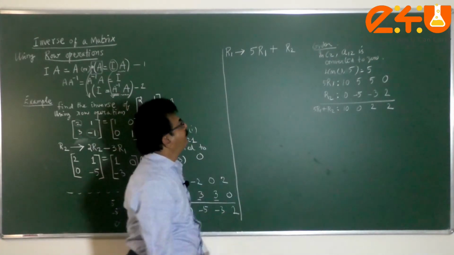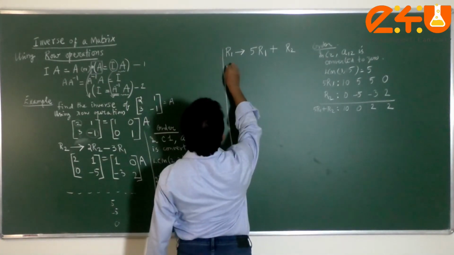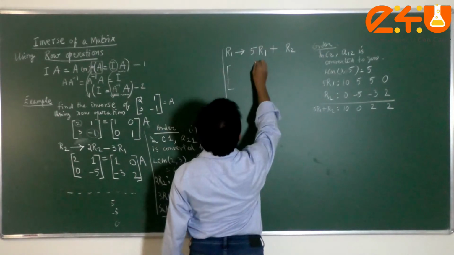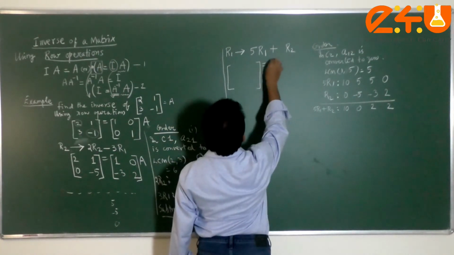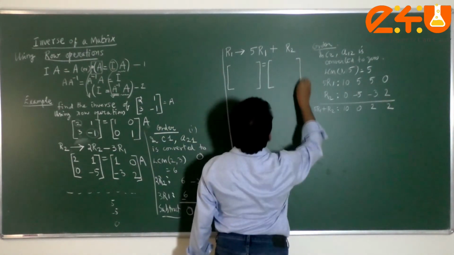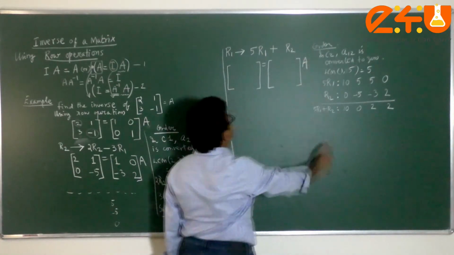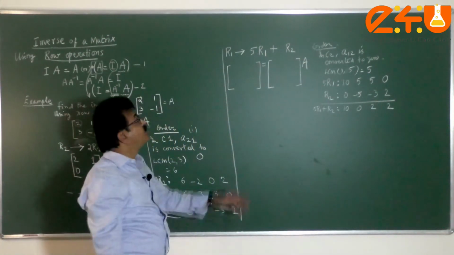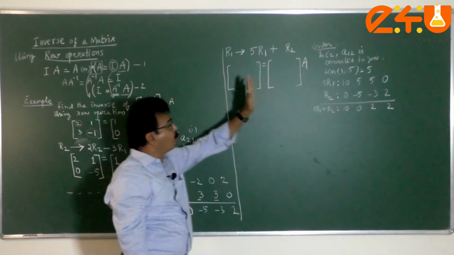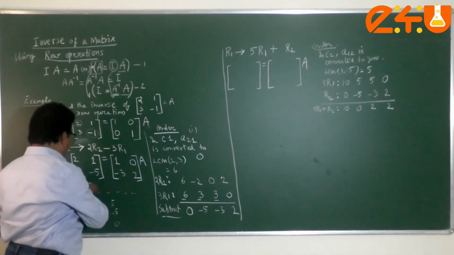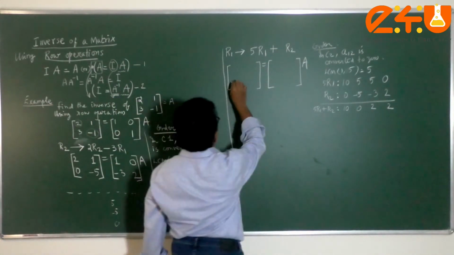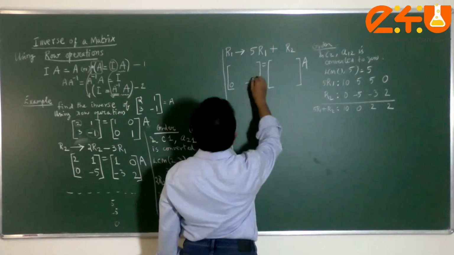Is that clear? And where are you going to write this result? We are going to present it in row 1. At the same time, make sure we have not made any change in row 2. So row 2 can simply be copied from the previous step.